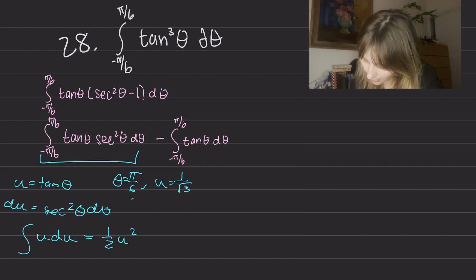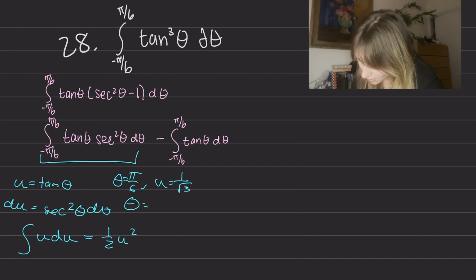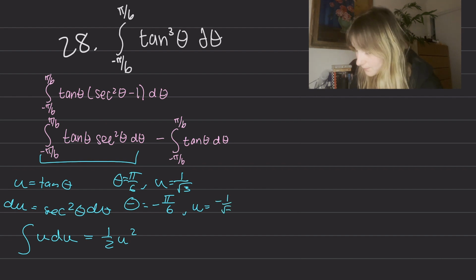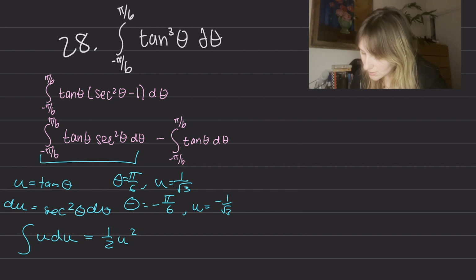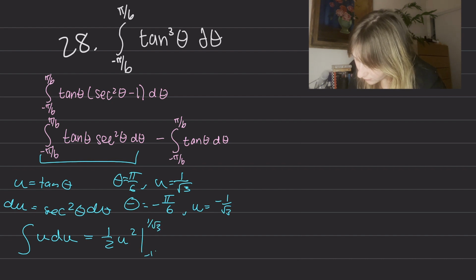If theta is negative pi over 6, u is going to be negative 1 over root 3. Correct me if I'm wrong. So we're evaluating this integral at 1 over root 3 and negative 1 over root 3.